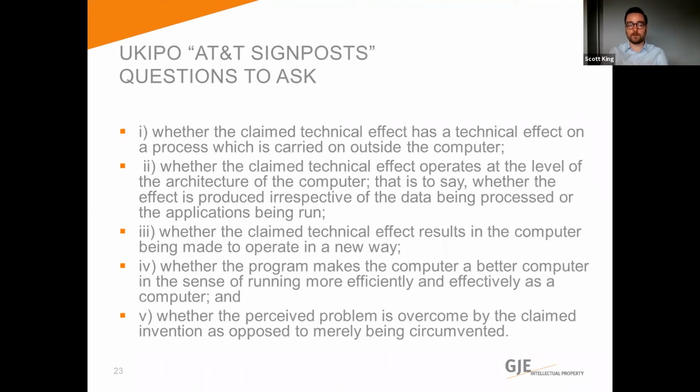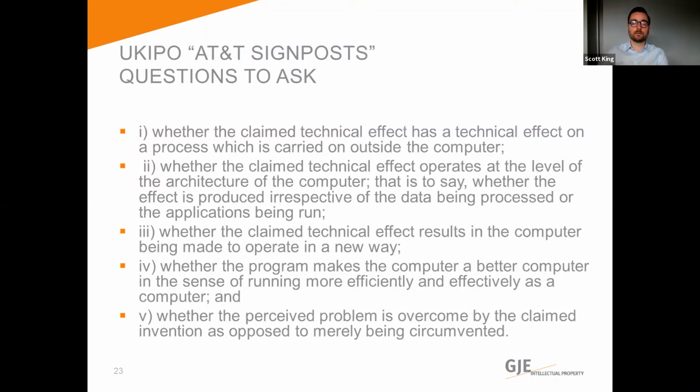The third signpost, whether the claimed technical effect results in the computer being made to operate in a new way. The fourth signpost, whether the program makes the computer a better computer in the sense of running more efficiently and effectively as a computer. And the fifth signpost, whether the perceived problem is overcome by the claimed invention as opposed to merely being circumvented.